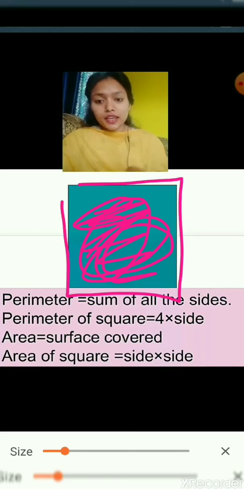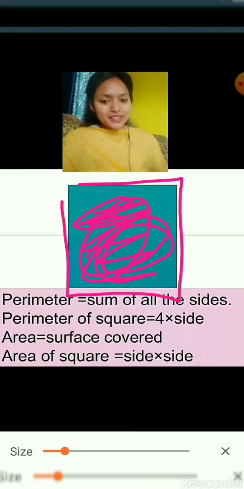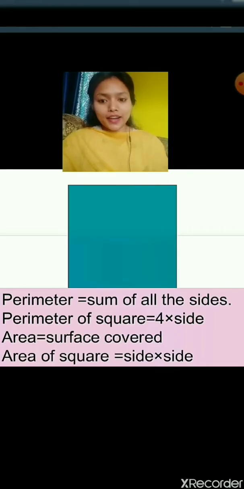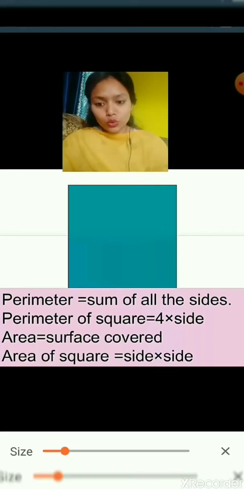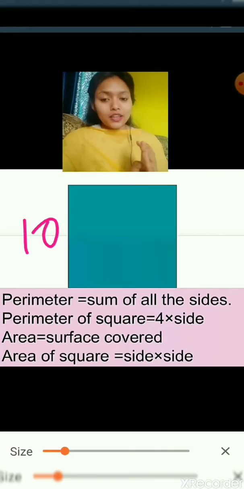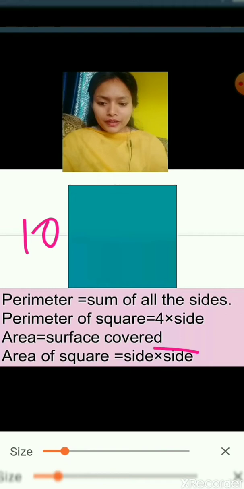So this is the area, and for finding the area of a square we use the formula side multiplied by side. It means if the side is given, we can easily find the area. Now let's suppose the side is given as 10 and you have to find the area. You will use the formula side multiplied by side.